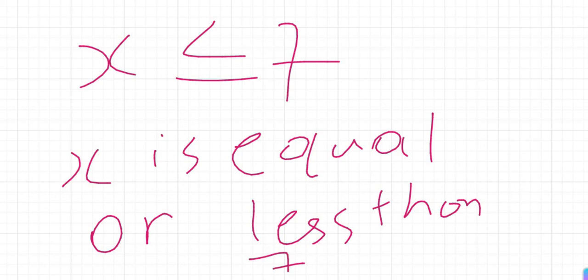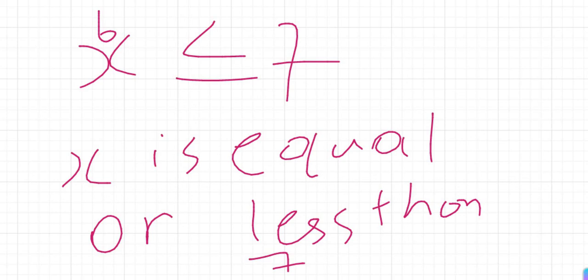So we could choose any number that is 7 or less. So if we put 6 right here, the inequality is true, because it is saying that the value of x could be 6, it could be 3, it could be 2, it could be 1. So if we read 6 is less than 7, that would be true.